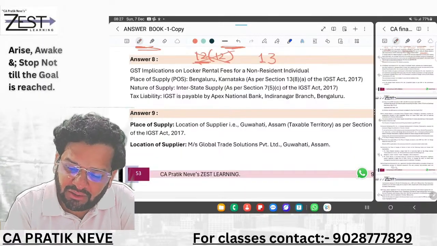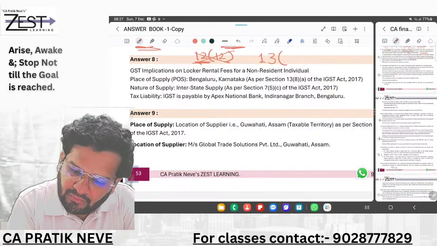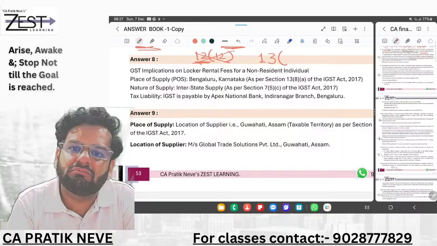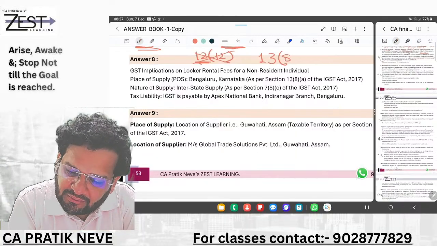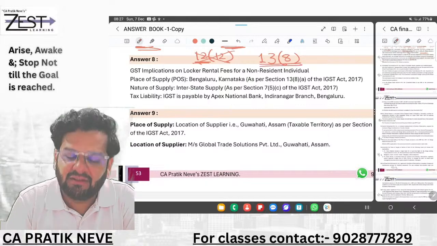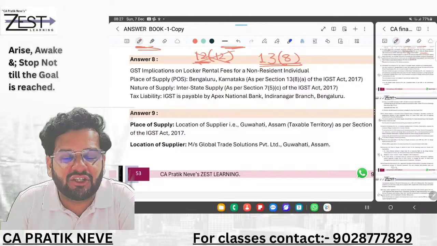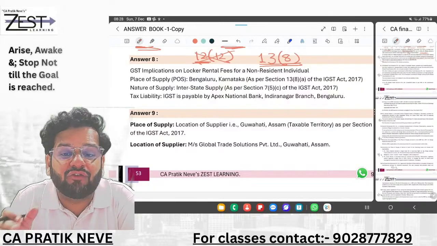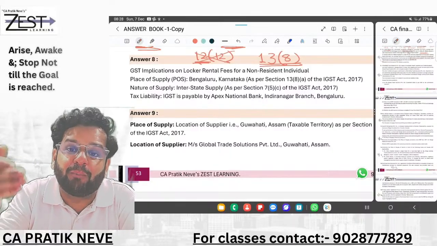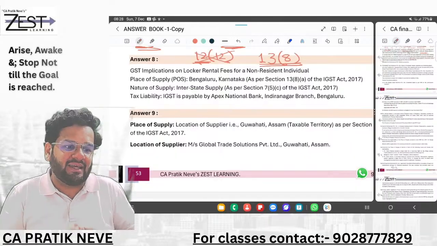Now, according to 13, you will have to apply now 13(8). 13(8) is services given by any bank or financial institution or any intermediary or hiring of means of transport up to a period of 30 days. These services are covered in 13(8).